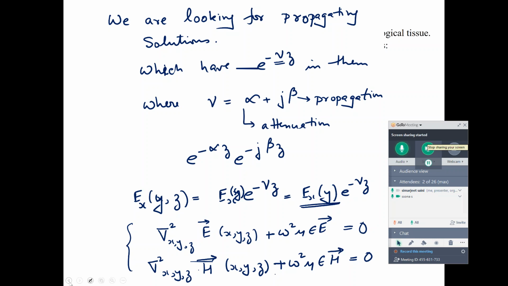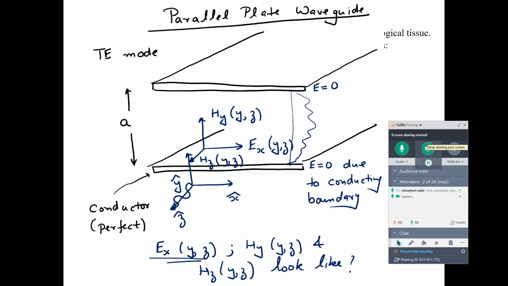And remember, these different fields are interrelated to each other. Once we define one specific field, the other two fields will have to take a specific form. They cannot be independent of each other. That's Maxwell's equations. All these three fields are interdependent on each other.